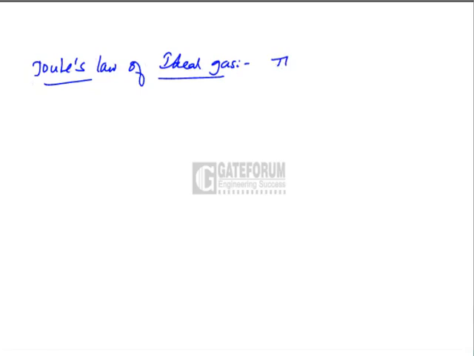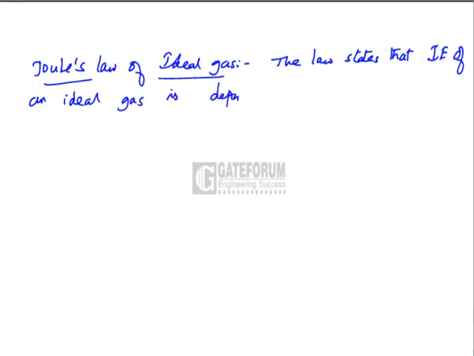Now let us state Joule's law of ideal gas or perfect gas. The law states that internal energy of an ideal gas is dependent only on the temperature of gas.